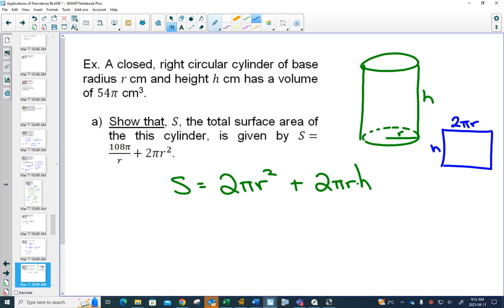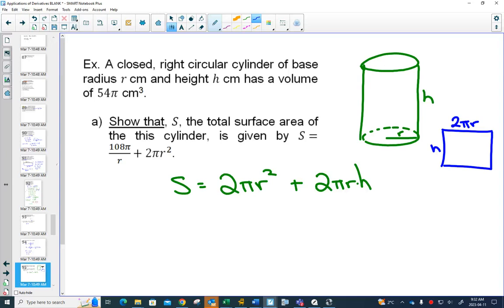Now, the problem with creating the surface area formula like this is, well, that's not the problem, but right now our surface area formula has 2 variables. It has an r and it has an h.